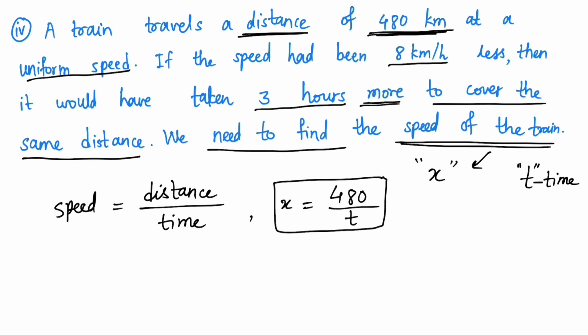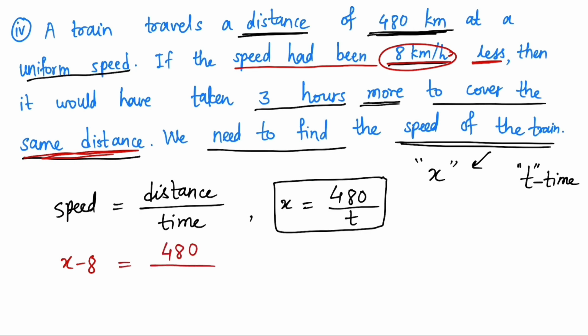Now the next thing is the speed had been 8 km per hour less. That means we have to subtract 8 from the speed. So we have x minus 8 and the distance remains the same, right? So this distance is as it is, which is 480. Now what about time? 3 hours more, right?